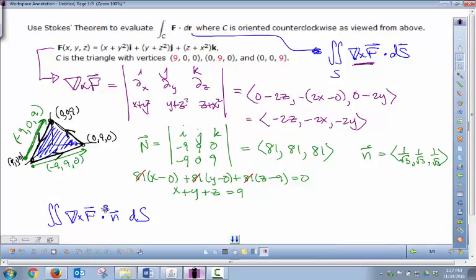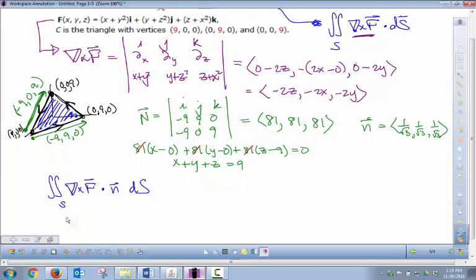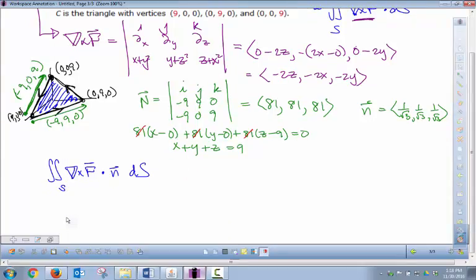Okay, so now I'm going to integrate this over the surface. So this has now just become a surface integral. I still need the surface area component, which is just going to be constant.